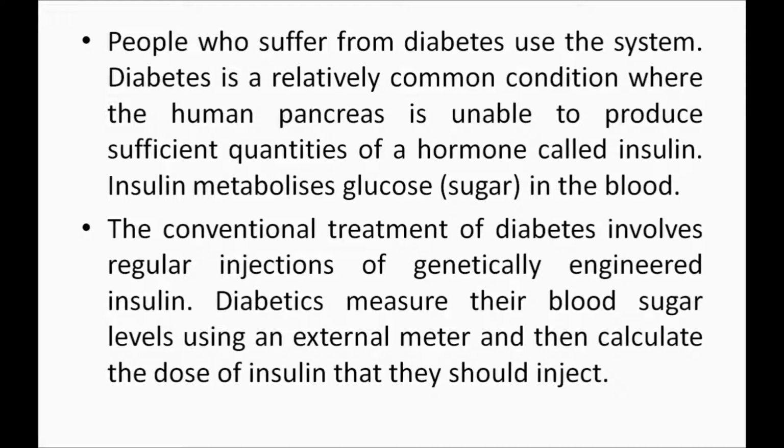So how does this system work? So first we will calculate the blood sugar level using the sensors, using the external meter. Next, once we are sure about the amount of insulin, then we can give that amount of insulin to the patient. This is the simple working, right?